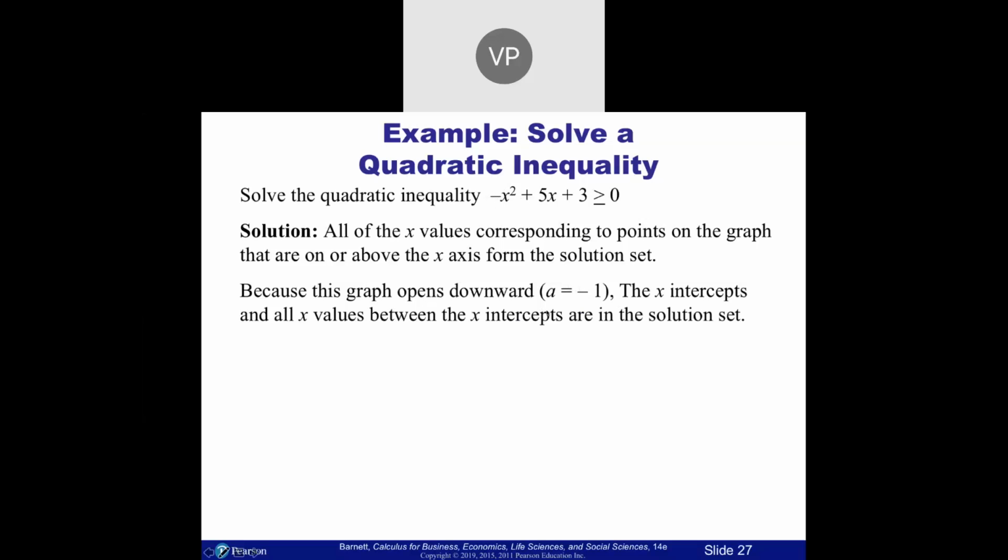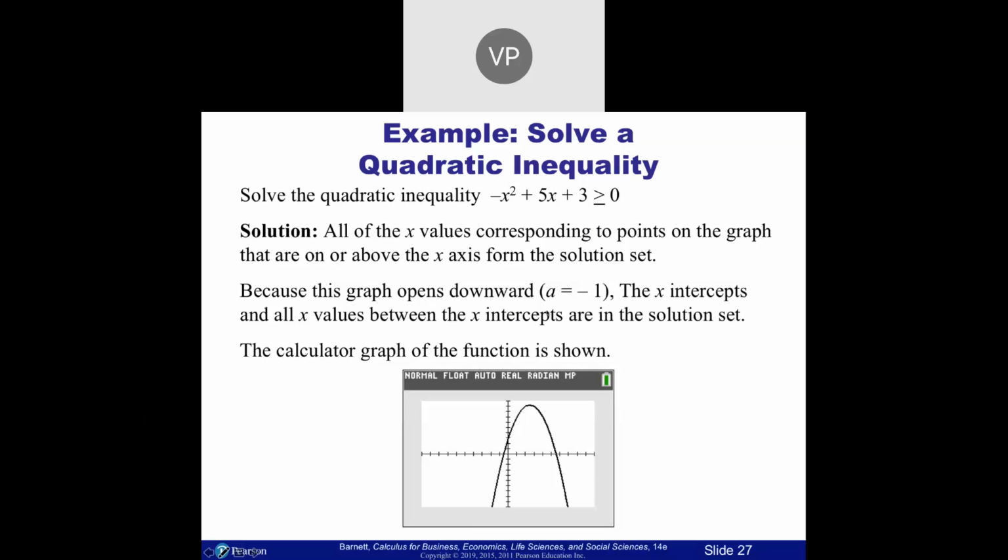So this thing's going to point downward. And you're going to see a graph on a graphing calculator like this. What they're asking for is all the places this parabola is greater than 0, and they're talking about the y values. So specifically, we're looking for all the places the parabola is above the x-axis. These spots right here. And what they're asking, in effect, is what are these x values that make the graph go higher? Which x values make that true?